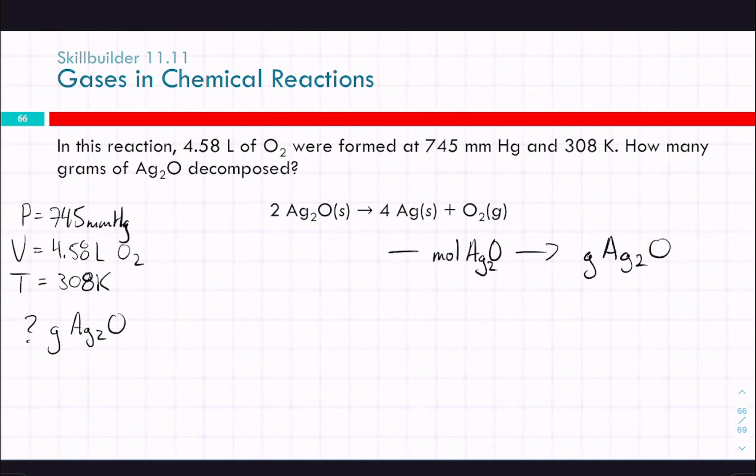Okay. So how could we go from moles of silver oxide to moles of oxygen? We're trying to get closer to oxygen, right? Molar ratio, ring a bell? So if we knew the moles of silver oxide, we use the mole ratio of silver oxide to oxygen to calculate the moles of oxygen.